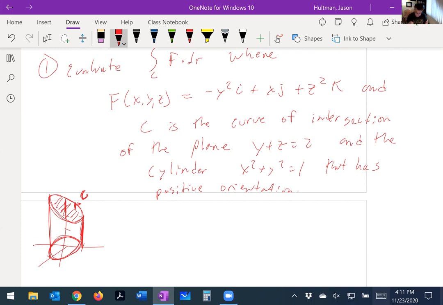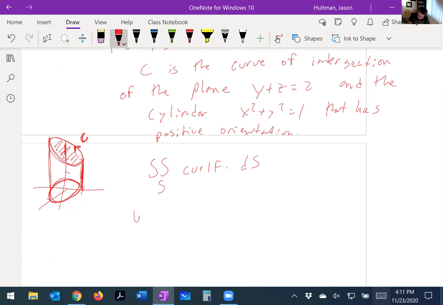Let's do that. We want to take the line integral about this and turn it into the curl of F dot dS. So first, let's find the curl of F.